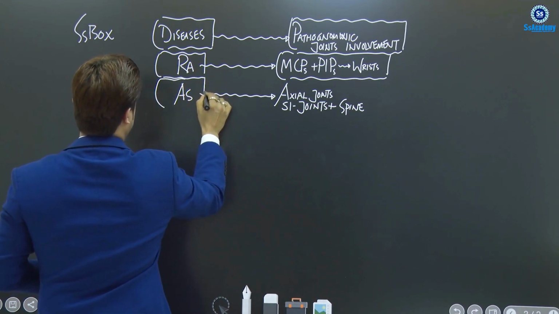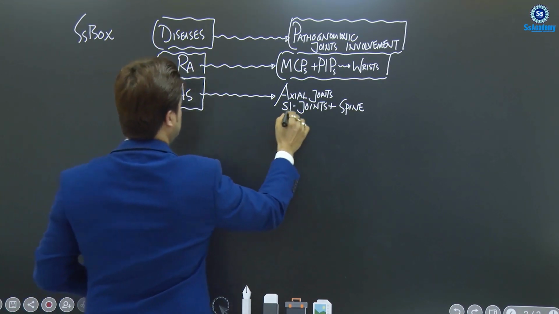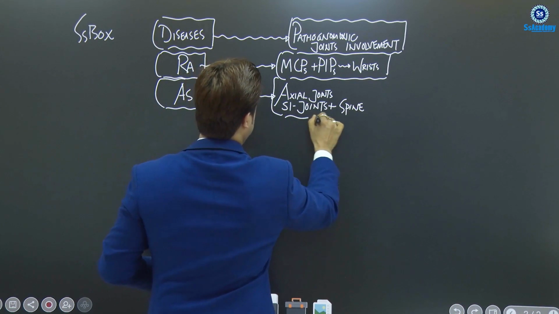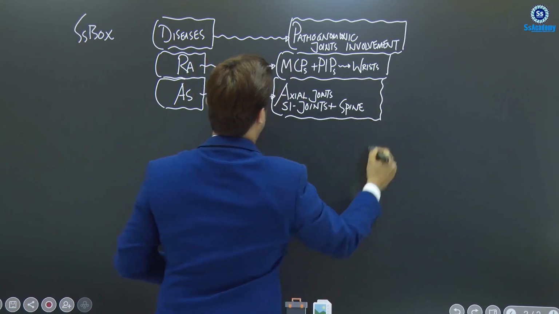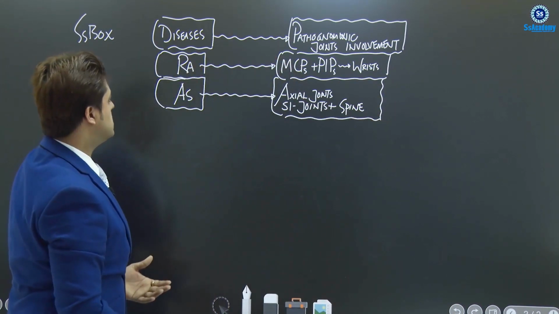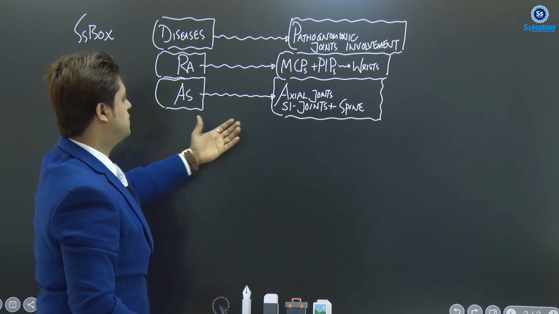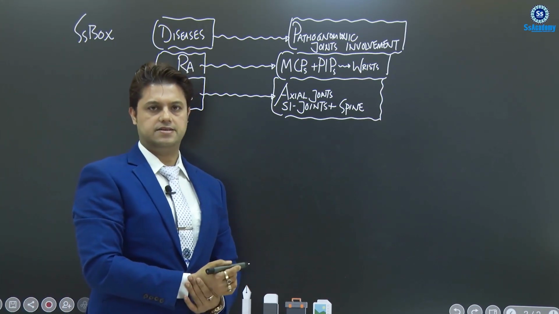This is the most important thing that we need to learn. Again, A for ankylosing spondylitis, A for axial joint involvement, my dear.